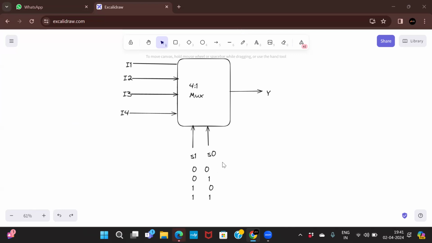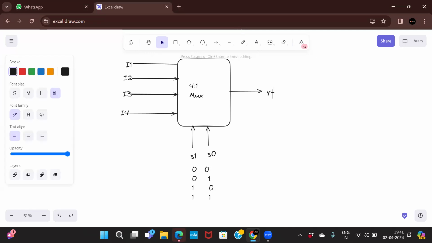When the select lines get 0 0, automatically it selects input I1. So the output will be I1 and S1 bar, S0 bar.